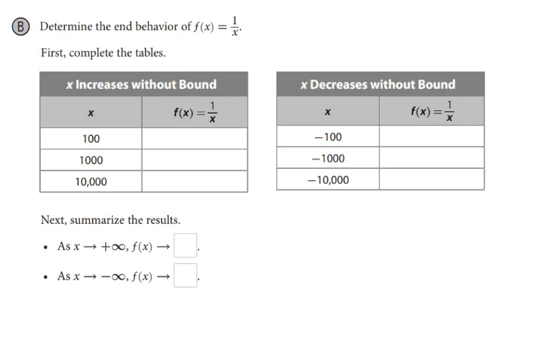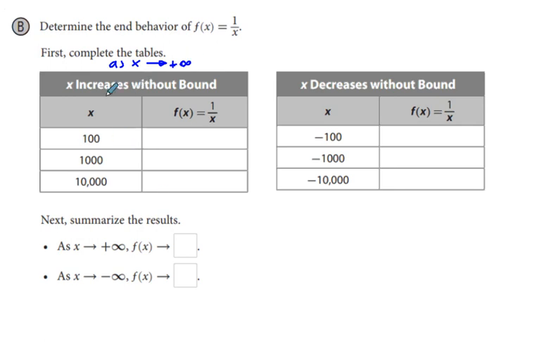Okay, let's go on here. B, determine the end behavior of f(x) equals 1 over x. First, complete the tables. We have the function where x increases without bound, as x approaches positive infinity.